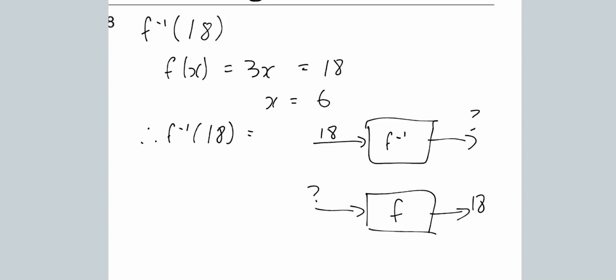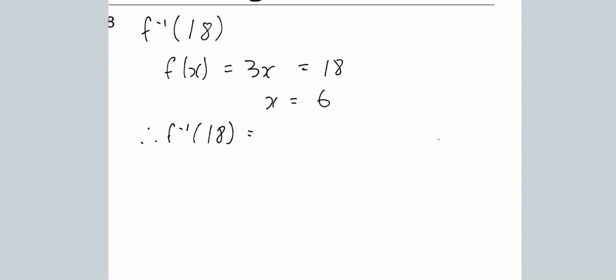So all I'm doing is using that fact, and instead of inputting x and getting something out, I'm inputting 18. Does that kind of make sense? It's a really handy feature, because you can see that it's a lot less work than finding the two inverse functions and then going from there.